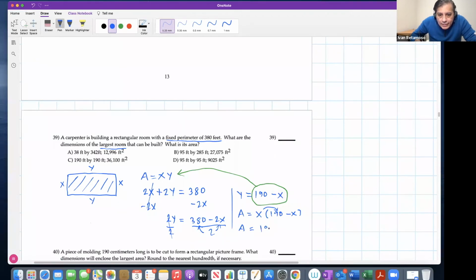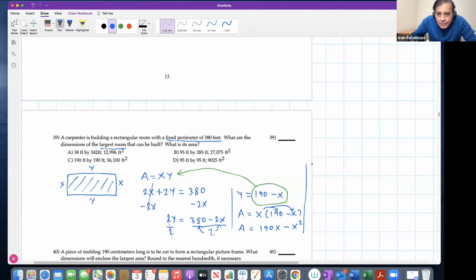In calculus one, I have tools to deal with functions that depend only on one variable. Later on, if you take calculus 2, calculus 3, they will teach you how to work with two variables at the same time. This step probably will not be needed then, but right now in calculus 1, we have to do this. Replace from the constraint equation the value of y and get A in terms of x.